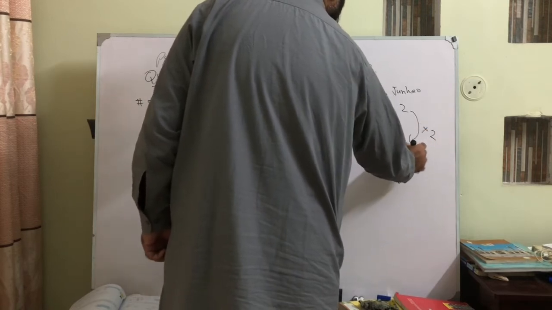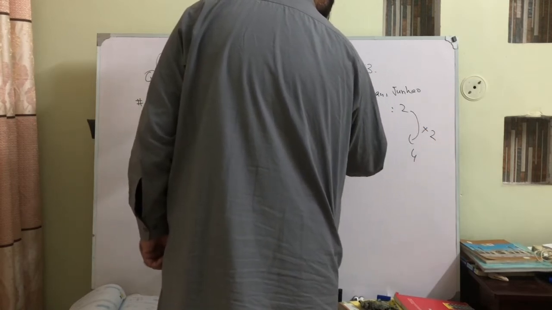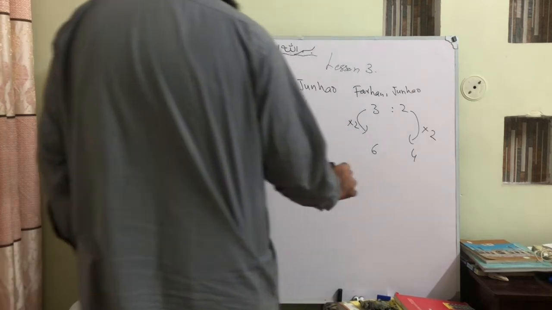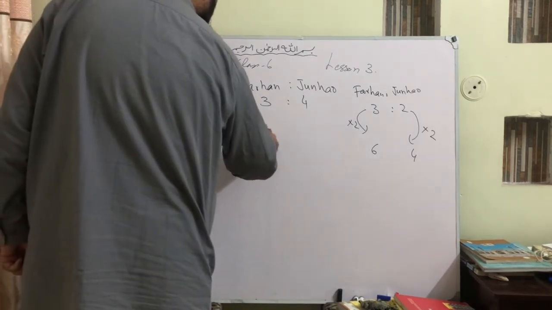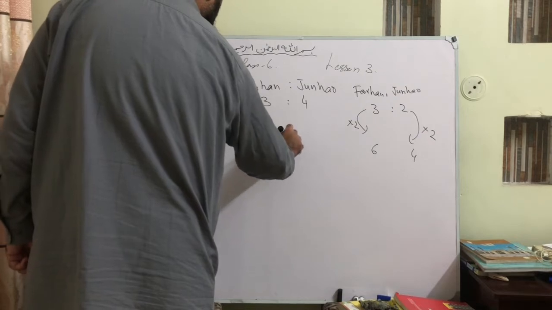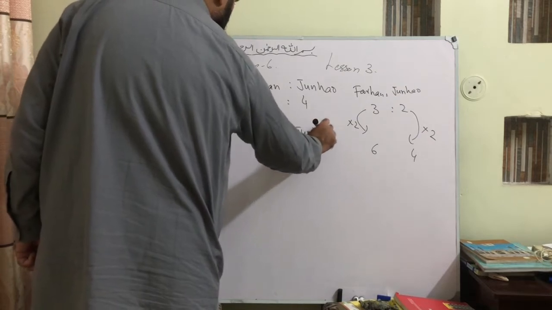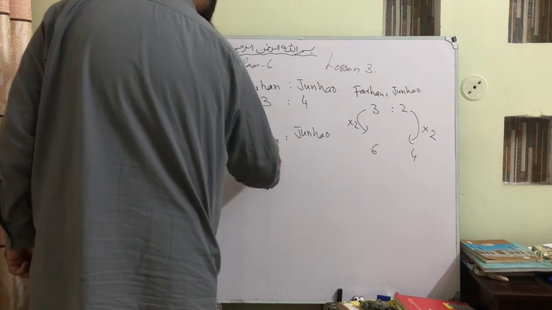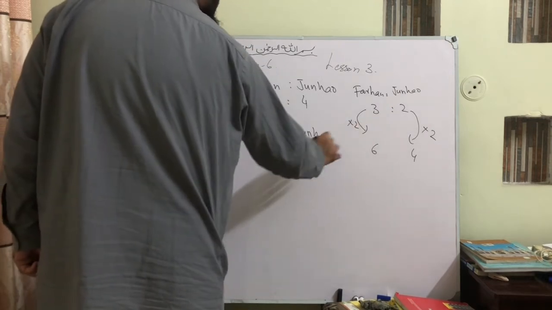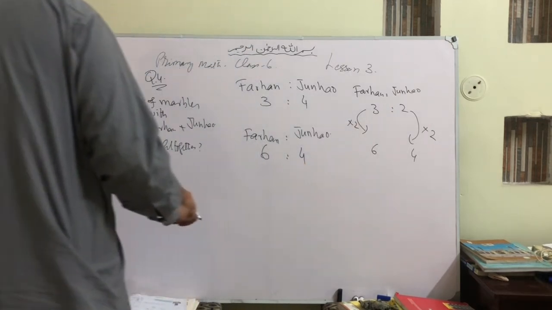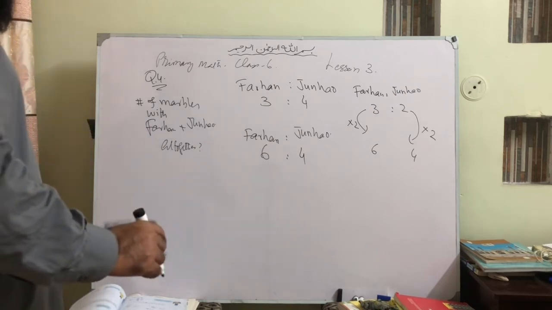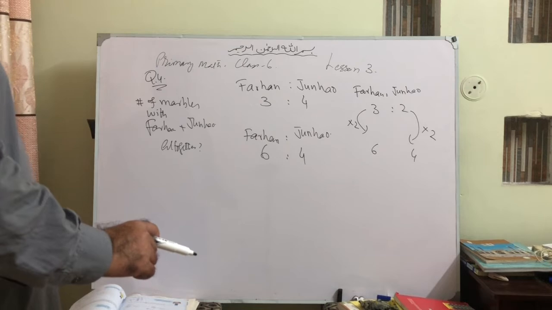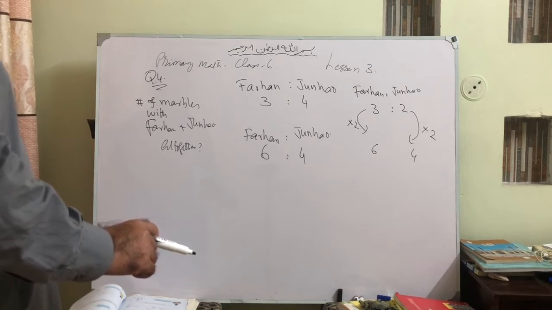Multiply 2 by 2, it became 4. Multiply 3 by 2, it became 6. So then we have the new ratio for Farhan and Junhao: Farhan is 6 and Junhao is 4.